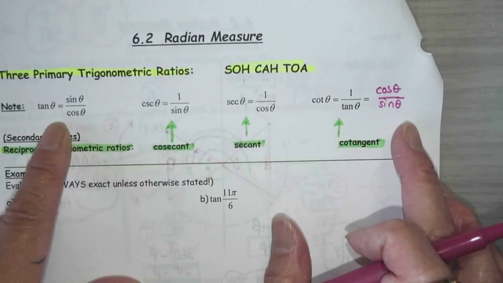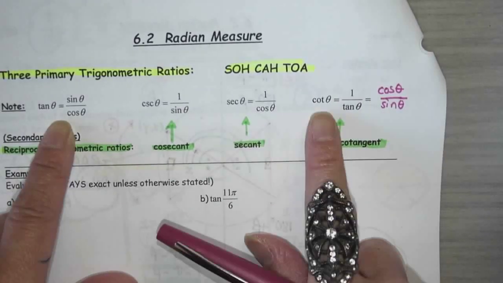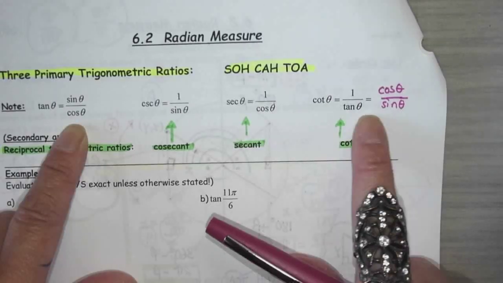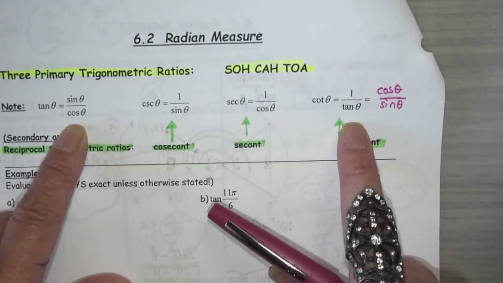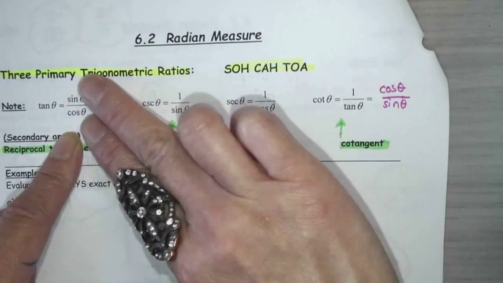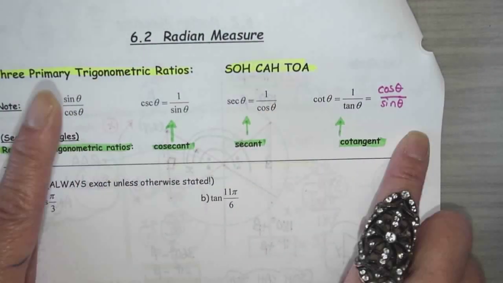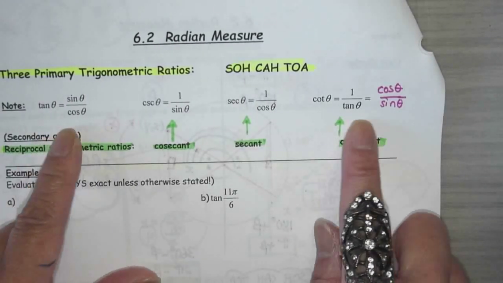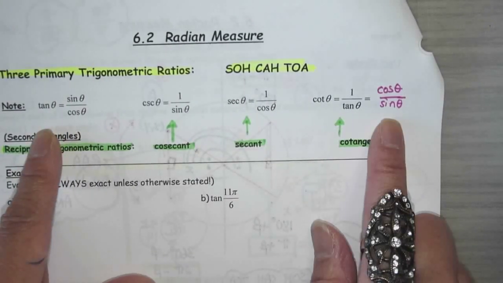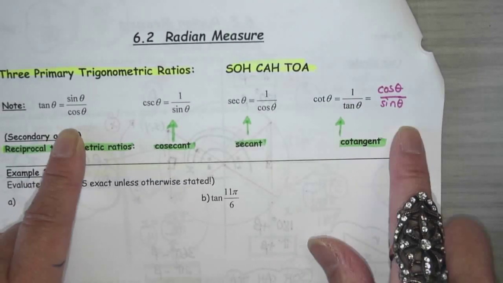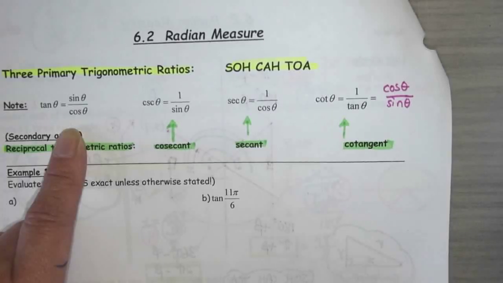But if we know that tan is sine over cos and we know that cotangent is the reciprocal of tan, then it's this form or that form. It's 1 over tan, or you just flip this and go cos over sine. And I can't tell you which one's better. It depends on the scenario. So you got to be flexible. So cotangent is 1 over tan, or cos over sine, depending on the scenario.